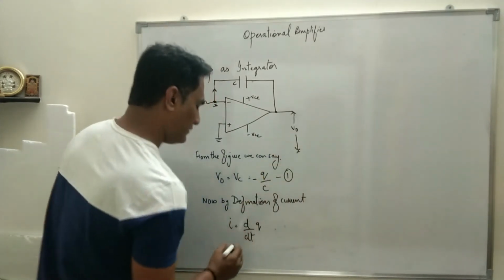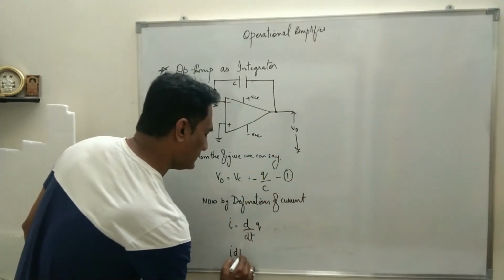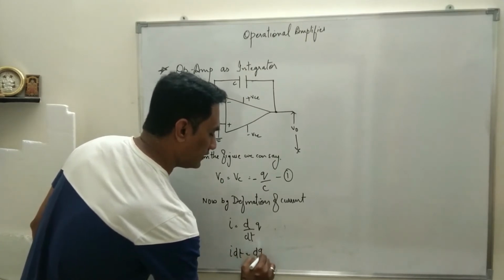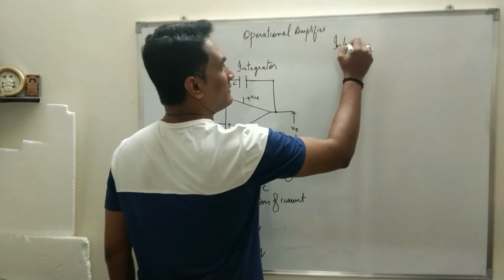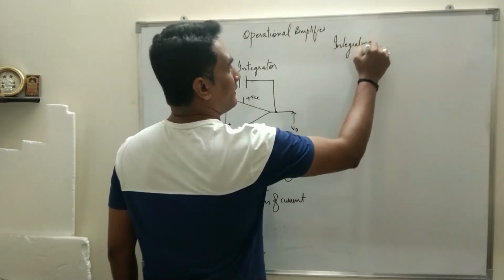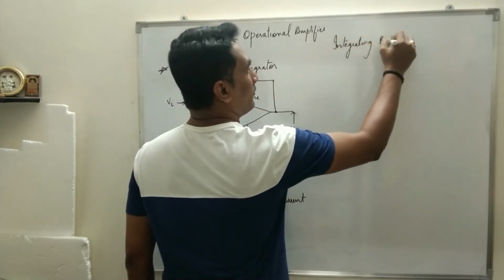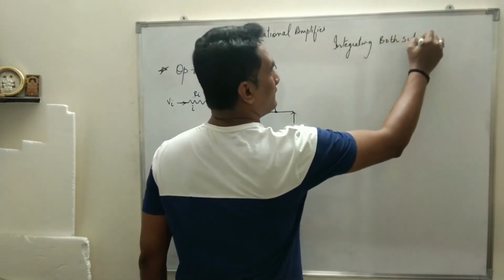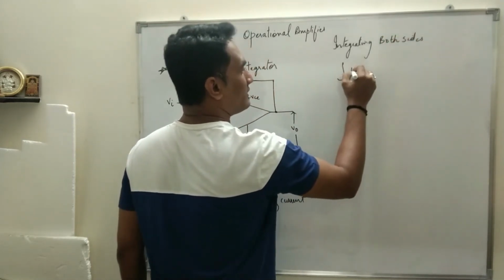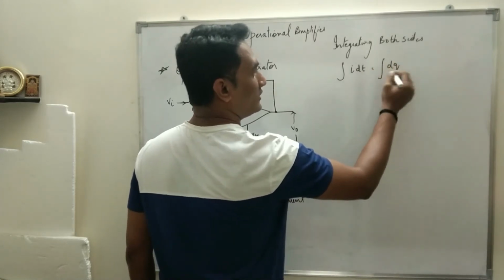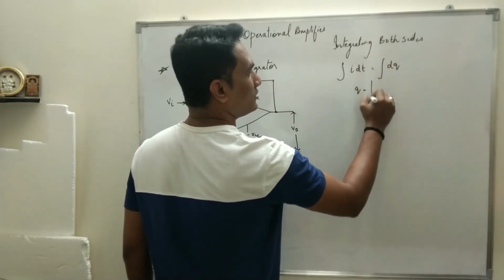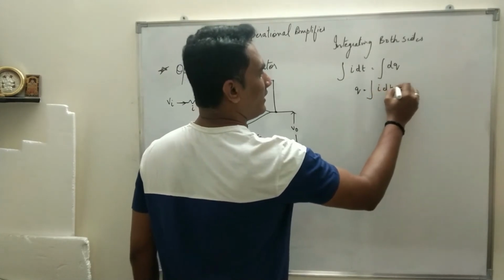I can write the same equation as I dt is equal to dQ. Integrating both sides, it will be integration of I dt is equal to integration of dQ. Integration of dQ will be Q, so Q is equal to integration of I dt.